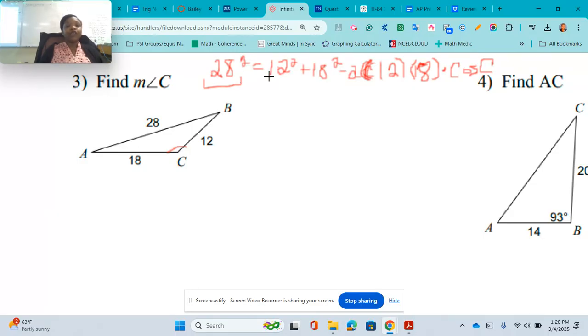Then we're going to get the 12 squared plus 18 squared, get that answer. And then the -2 times 12 times 18. We end up getting that answer. Write it down. And we're going to pull out our calculator and get these values.